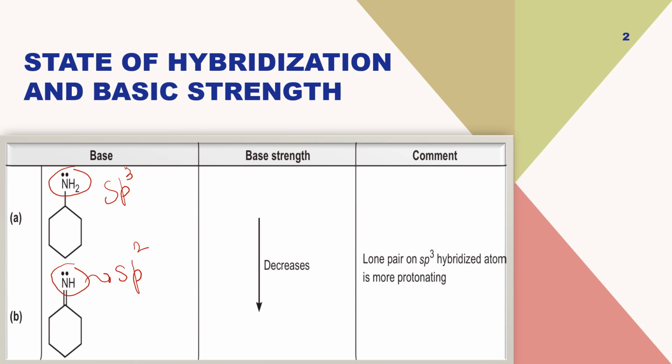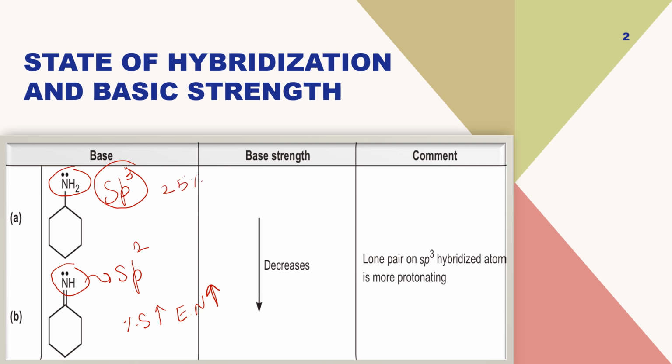We know that as the percentage of s character increases, the electronegativity also increases. In sp3 hybridization, the percentage s character is 25%.